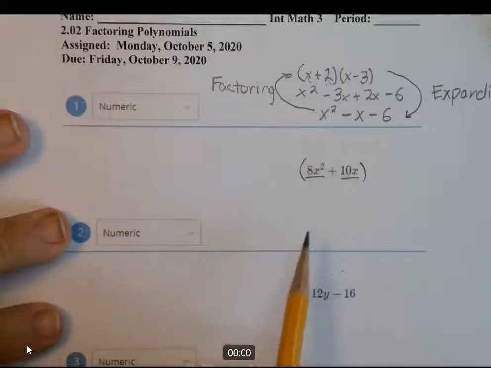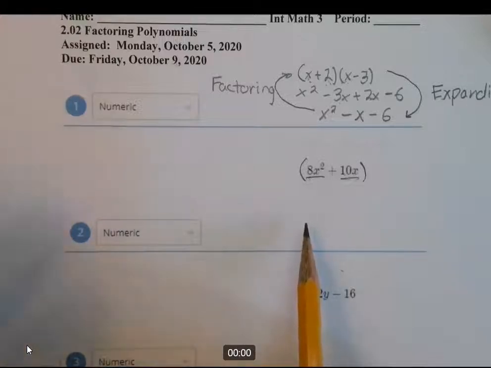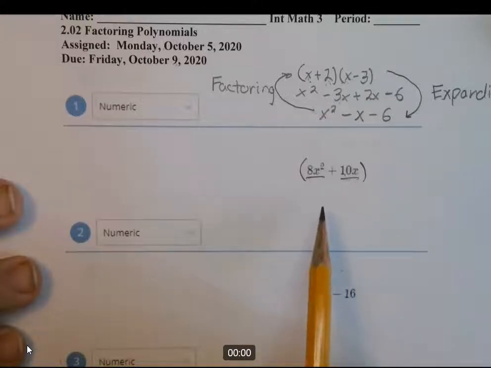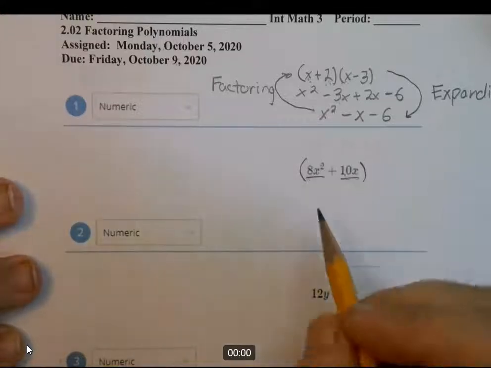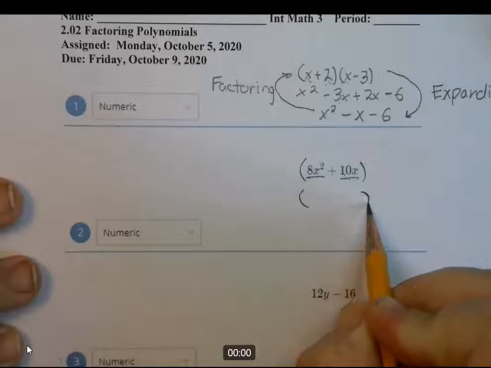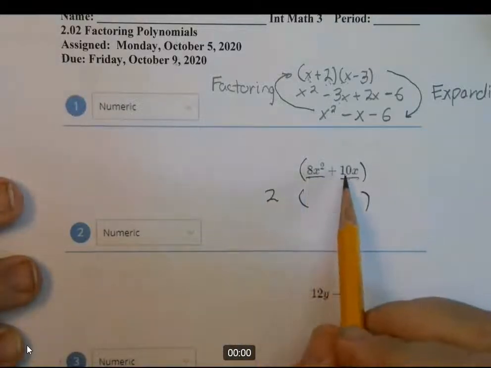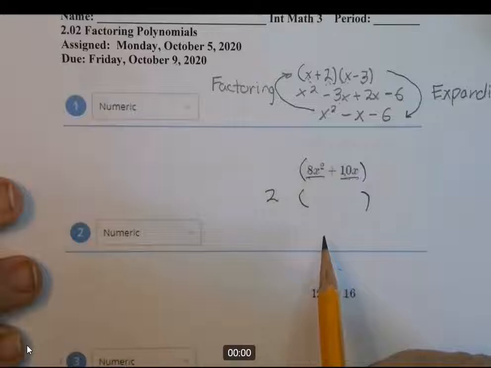So 2 goes into both 8 and 10. 4 goes into 8, but it doesn't go into 10 evenly. 5 doesn't go into 8, but it does go into 10. So there's nothing else. The biggest that we can get is 2. So I'm going to write the parentheses down here, and I'm going to bring a 2 out here like that.